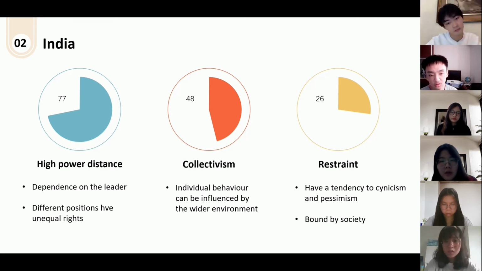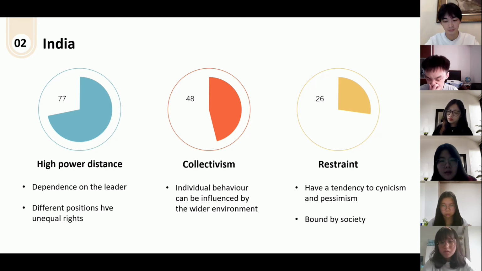India scores 48 on individualism, which is a middle level with a more collectivistic bias. In collectivism, the first consideration in making any decision should be the organization. An individual's behavior is influenced by the wider environment. India is a restrained country. People are bound by society, do not seek pleasure, and have a tendency to be cynical and pessimistic.